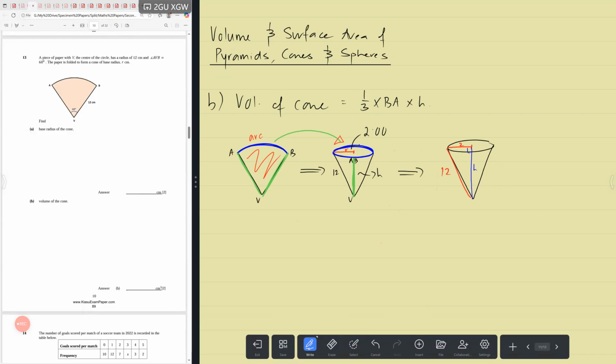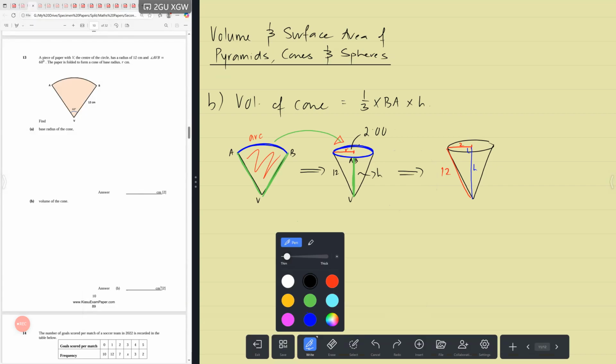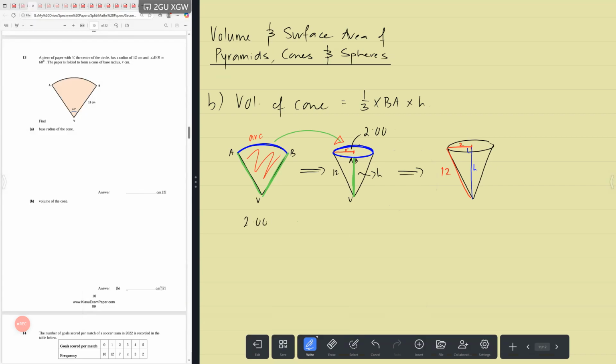The triangle in red and blue is a right angle triangle. Bear in mind, when you do cones, using Pythagoras theorem is one of the concepts you need to know and apply. From there we can get our height. So 2.00 squared plus h squared equals 12 squared.